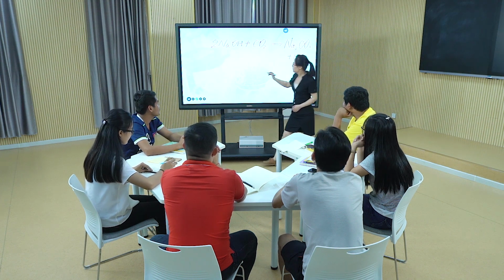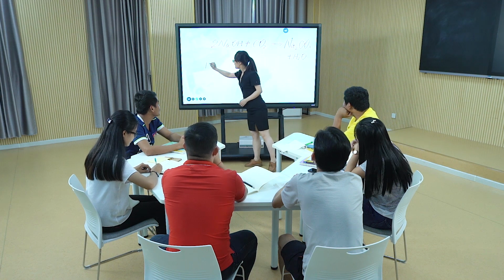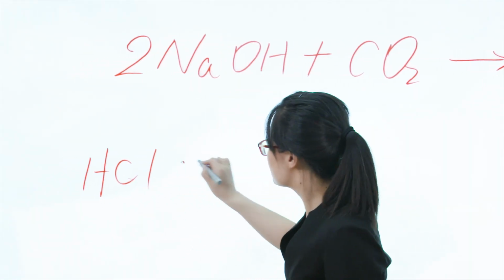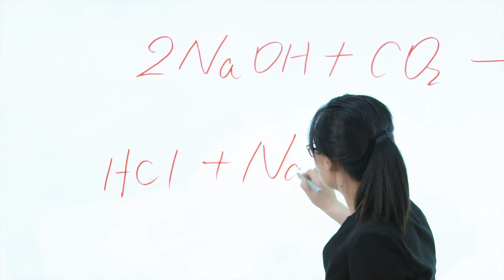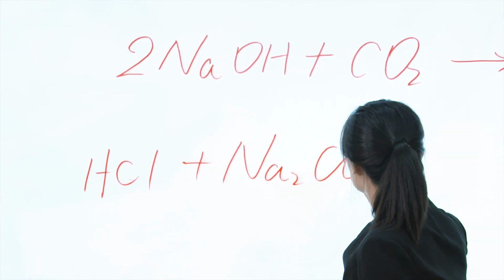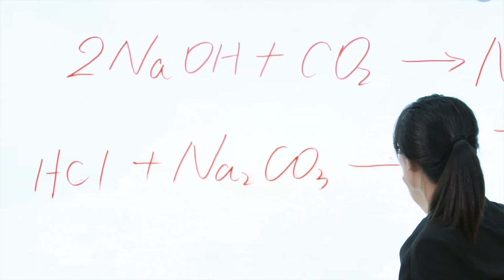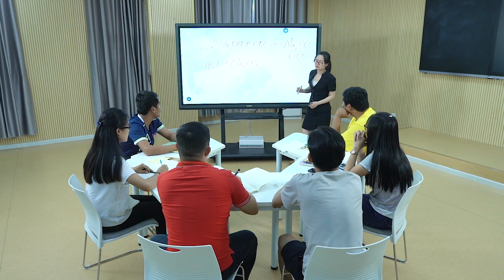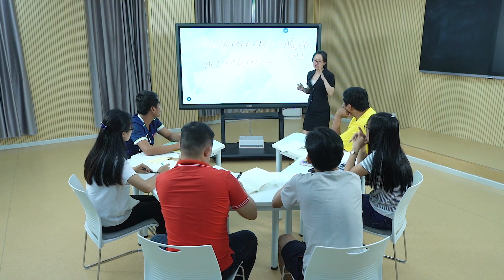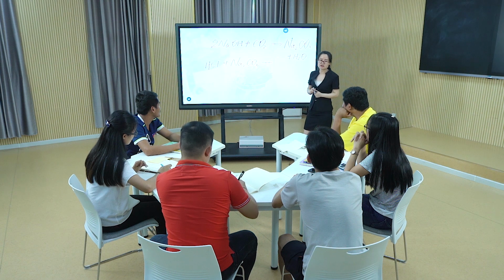And then when we use HCl to titrate, what can we get? Remember, we use pp as indicator.